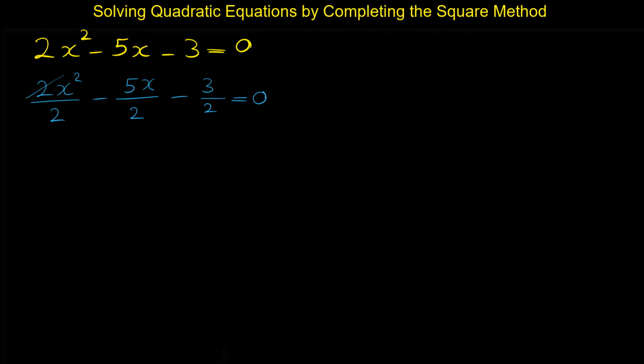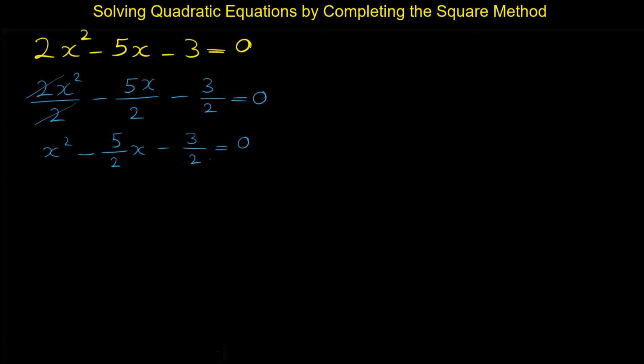These two from the numerator and these two from the denominator cancel each other, so we have x squared minus 5 over 2 x minus 3 over 2 equals 0. Now we have a quadratic equation where the coefficient of x² is 1. Now we can solve this quadratic equation similar to our previous examples.